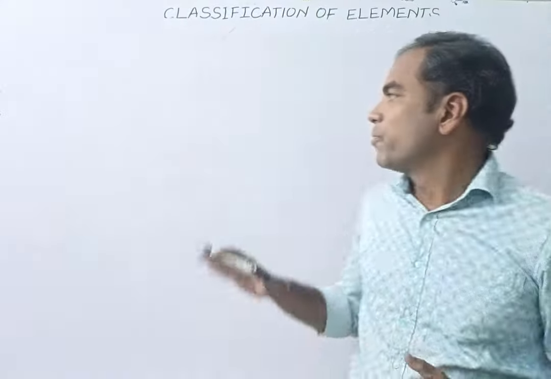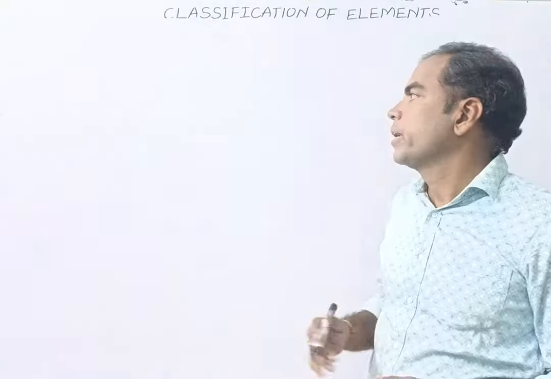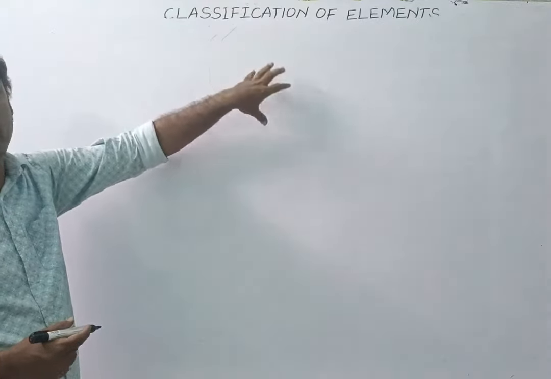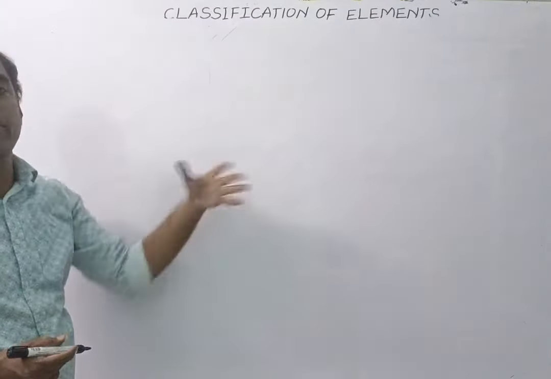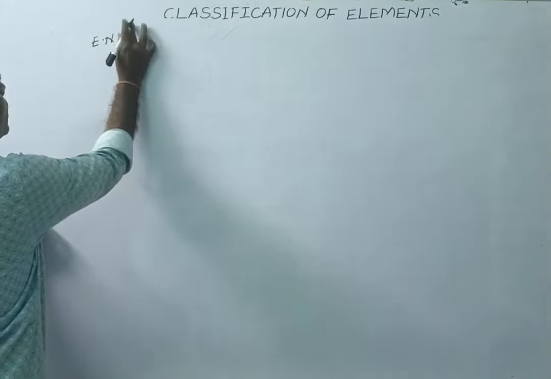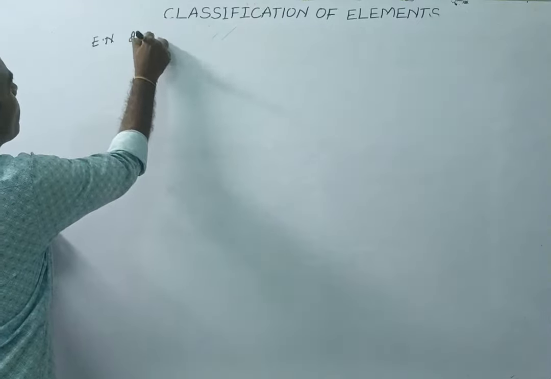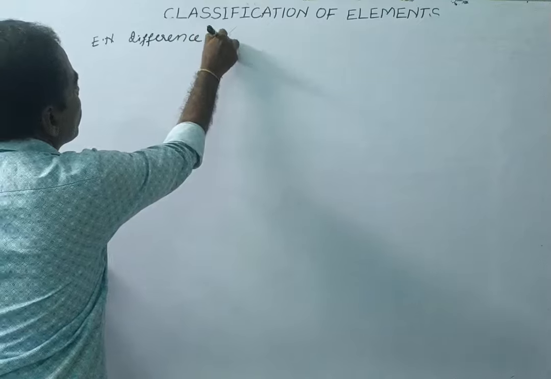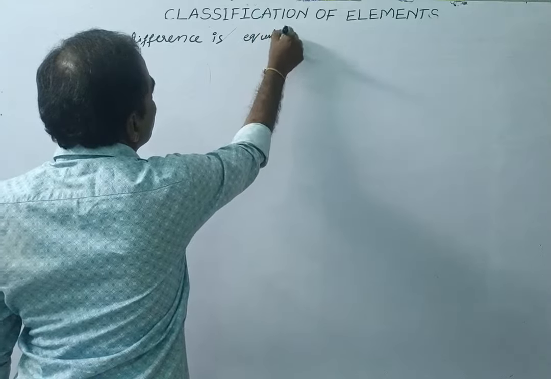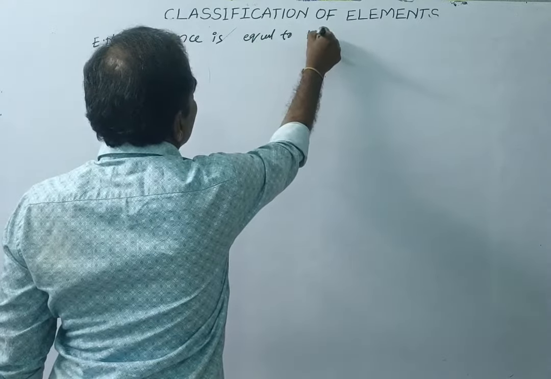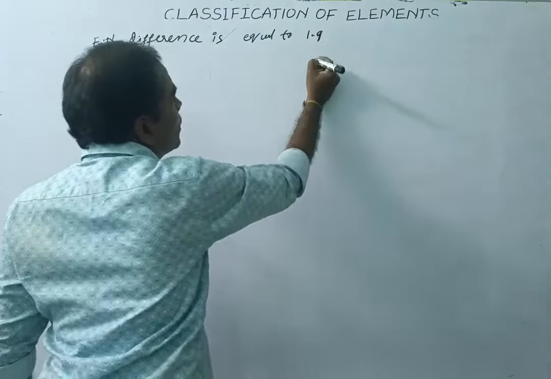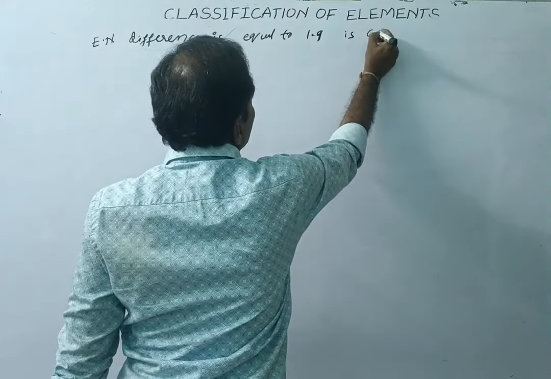Dear students, before going to electropositivity, with the help of the electronegativity values of elements, we can find the nature of the bond. For example, if the electronegativity difference is equal to 1.9, that is 50% covalent.